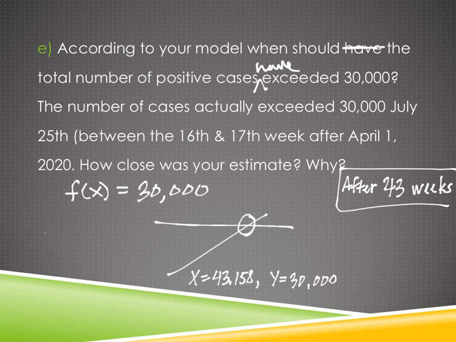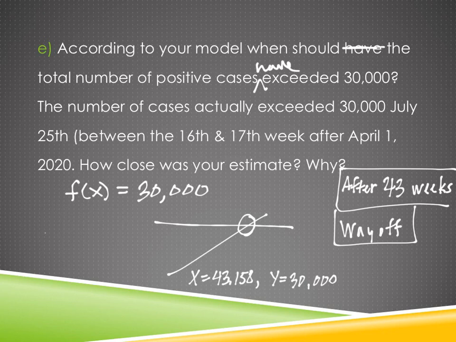It's really bad. It's a terrible estimate, right? We were way off. I'm going to say way off. That sounds like a good mathematical term for today. We were way off. And the reason, I won't write it down, but you definitely should, is because we predicted really far out. We have data here that only goes up to 5,000-ish cases. And we're trying to predict something that goes all the way to 30,000 cases.